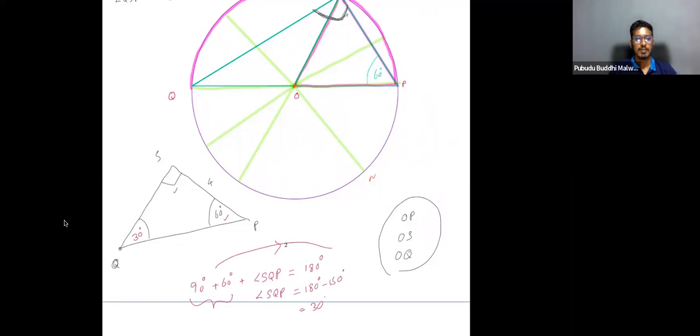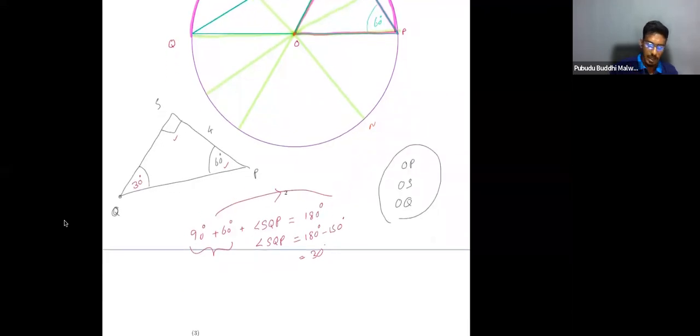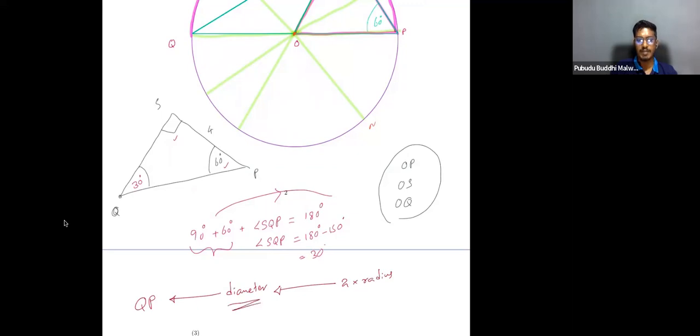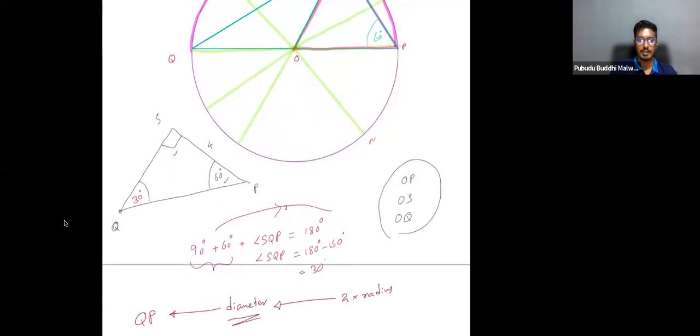Hence, we can compute the QP length. That's the strategy. I want you to compute QP initially, and that's the diameter. Basically, that's 2 times the radius. So if you can compute the diameter, then you can divide that by 2 to get the radius.